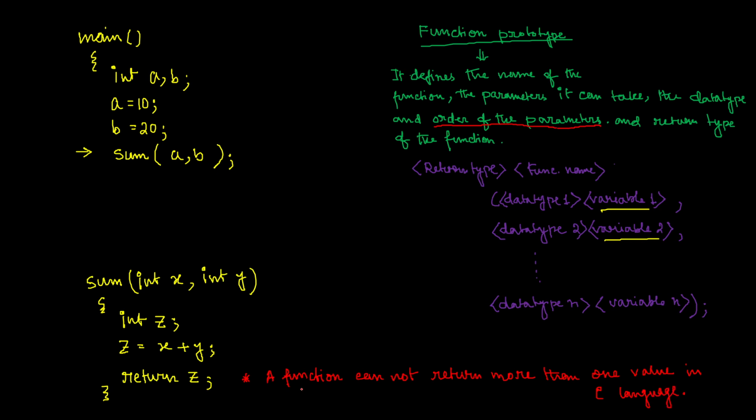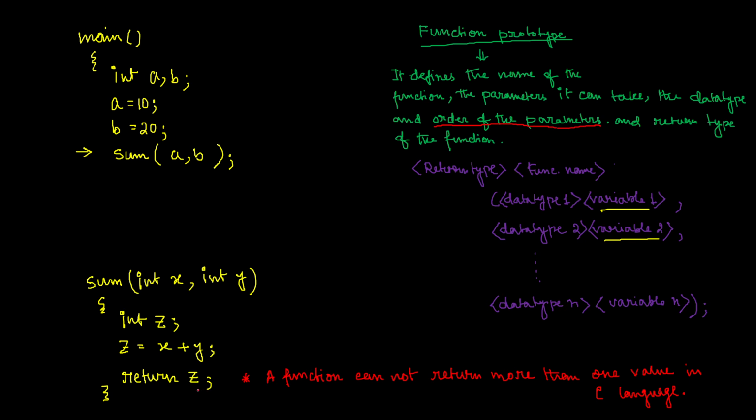You cannot write return z comma x or something like that. I mean, more than one variable you cannot return at a time. And specifically I have written C language because in some modern languages there is a way you can return more than one data. So it's true specifically in C language. Since you are learning C language today, you have to remember this rule for the function.